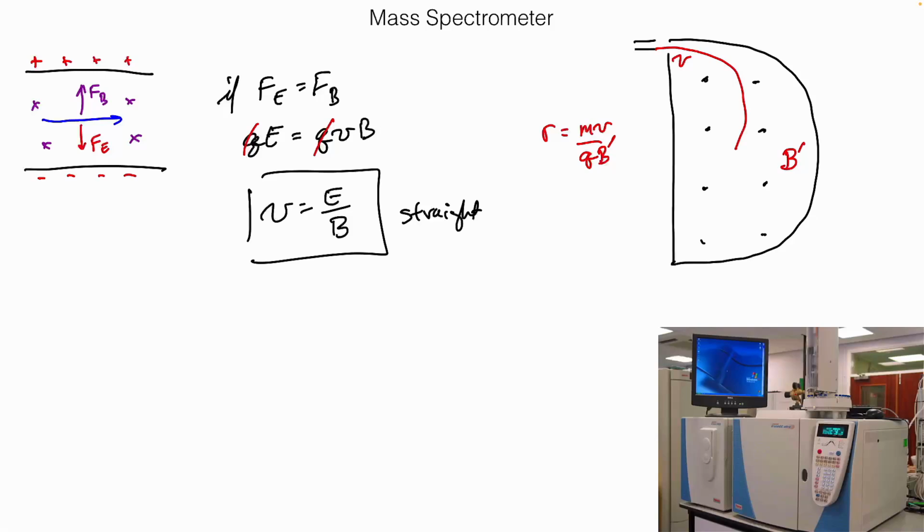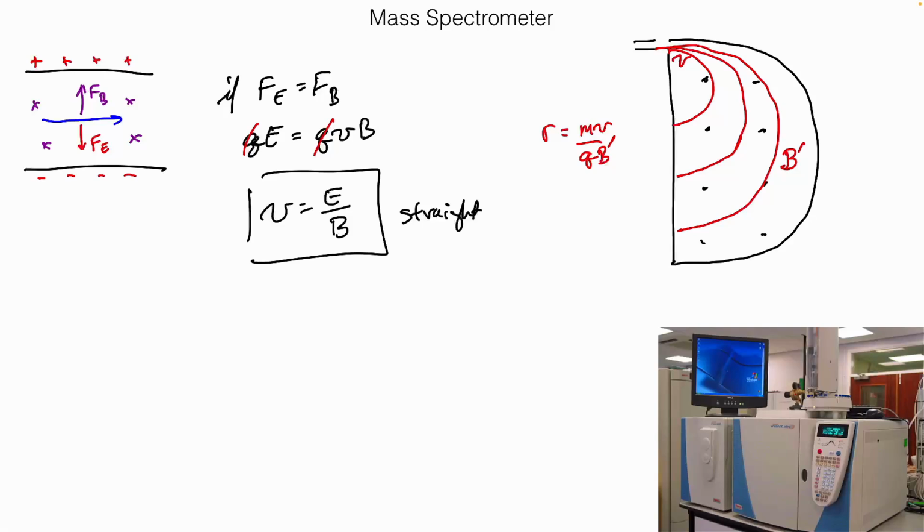The curvature of these charges are going to depend on their charge, whether it's single, doubly, or triply ionized. It actually turns out to be fairly easy to distinguish for the machine. But really, the thing that's going to determine, because the velocity is all the same, isn't it? The velocity selector made it so that all the velocities are the same.